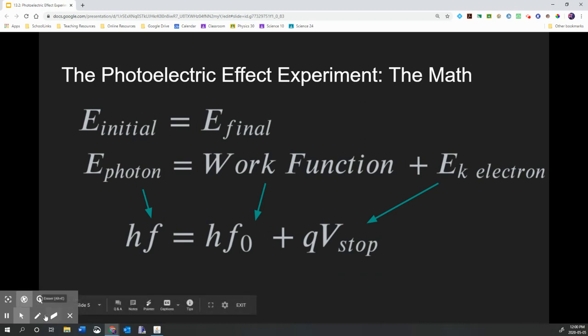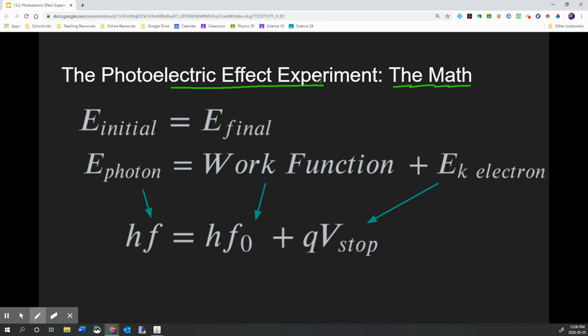Okay, that brings us to the money slide, and that is the math of the photoelectric effect experiment. If you go back and watch it enough times, you'll start to understand the idea and the principles around the photoelectric effect experiment, the variables and the outcomes, and ultimately it leads you to the same path.